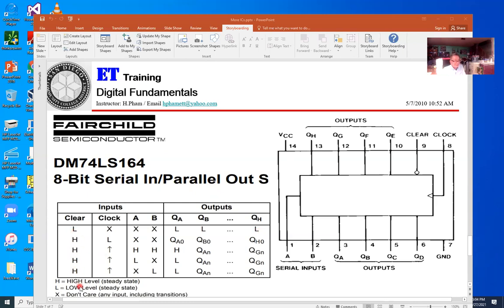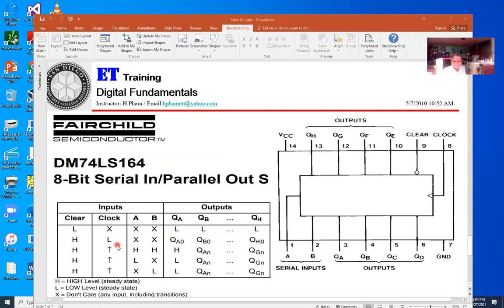When the clear is high, see what happened? Clock low, and inputs A and B you don't care. Output QA 0. How much do you understand what the output here means? No change. Stays the same as before. Exactly.